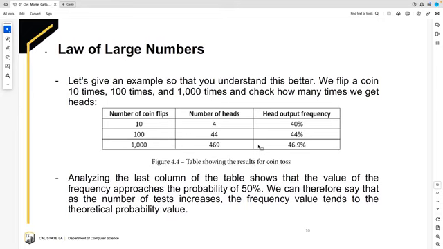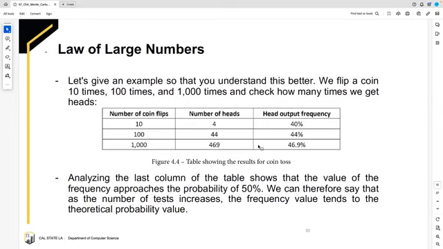So theoretically speaking, we know that if we flip the coin n number of times, half of it should be heads and the other half should be tails. But we know that, in observation, it does not necessarily follow that 50% exactly, right? This is all we know, but the main question here is, does adding more observations make any changes or not? And here is an example that you see in this table.